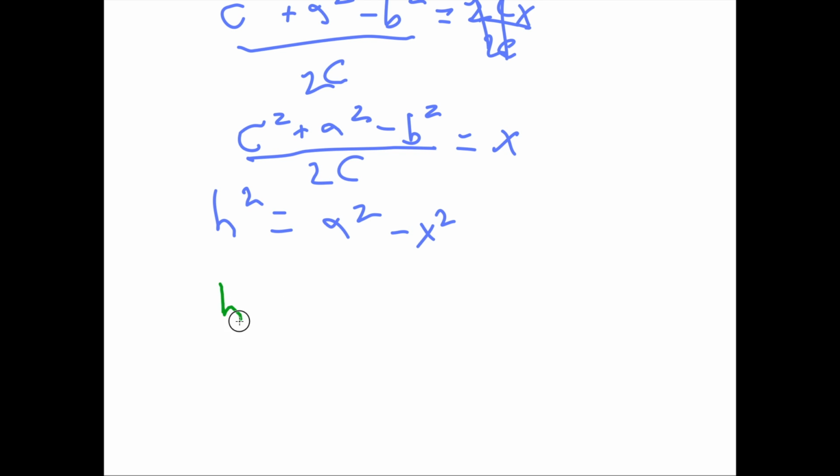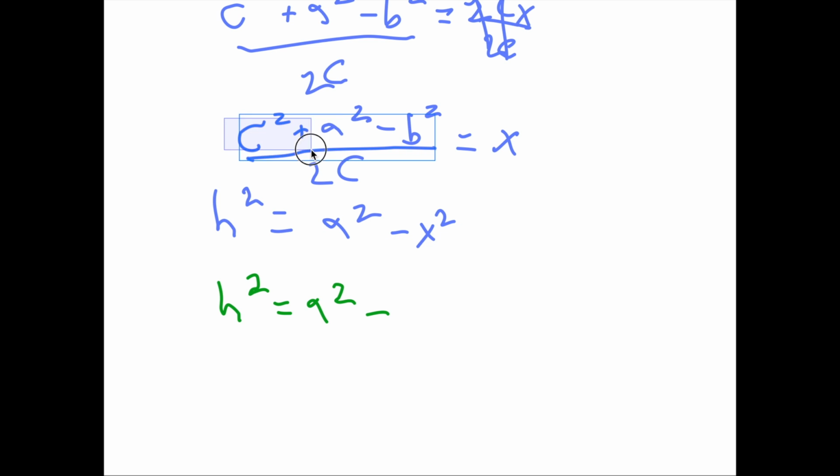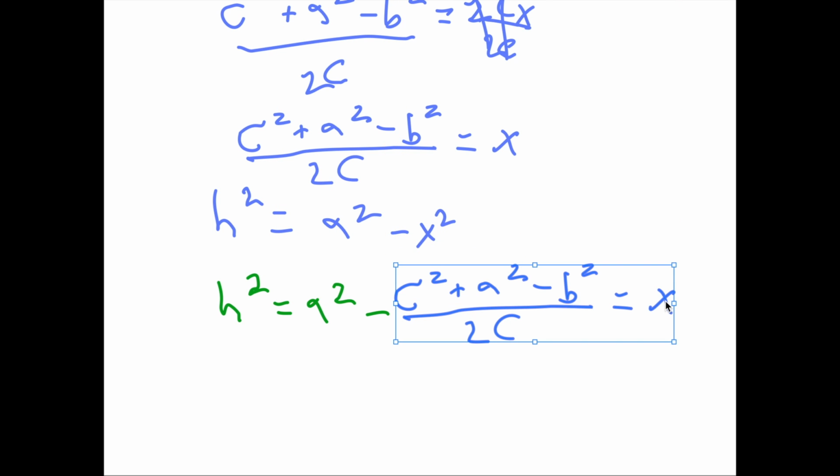So it would be h squared equals a squared minus, and then we can just grab this, copy, paste, and put brackets around that.